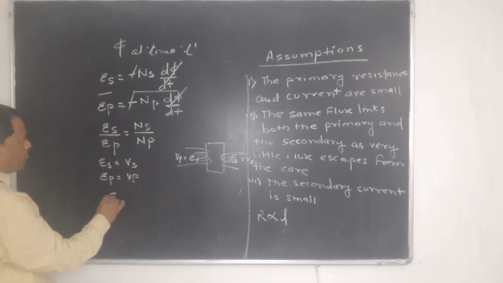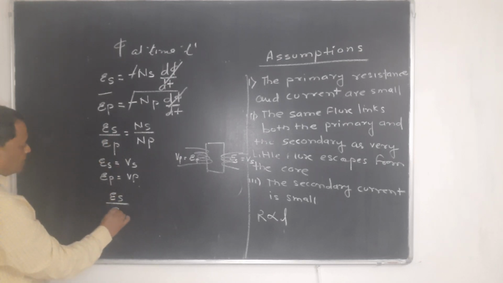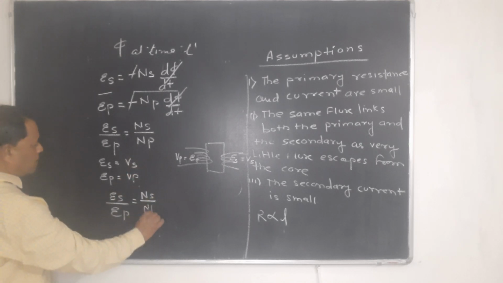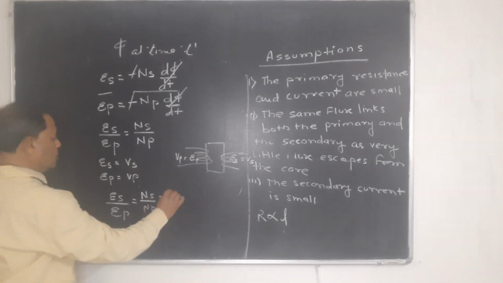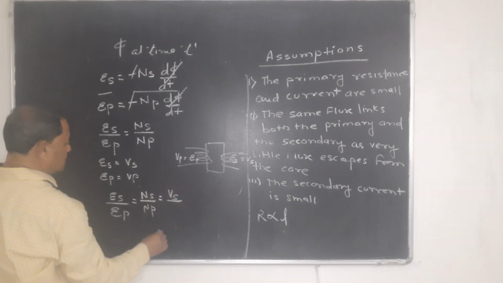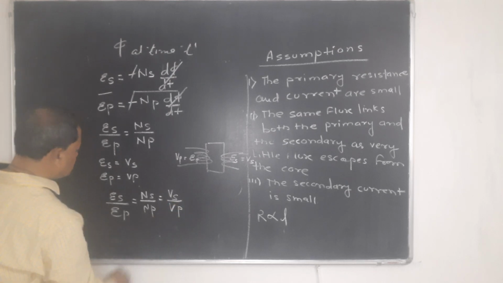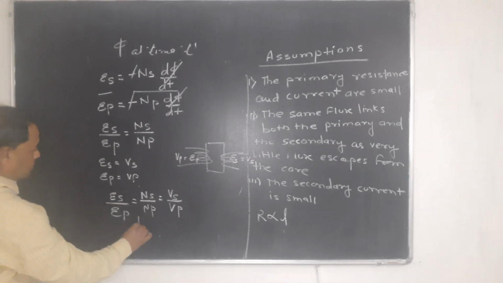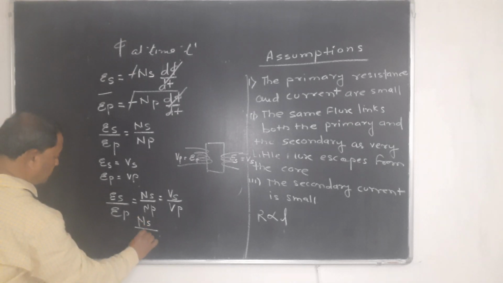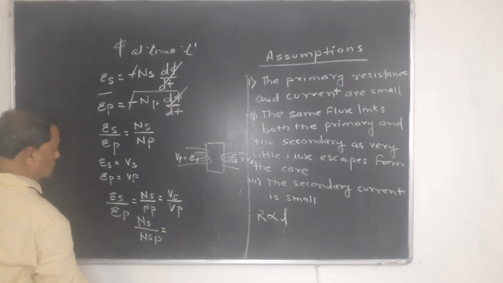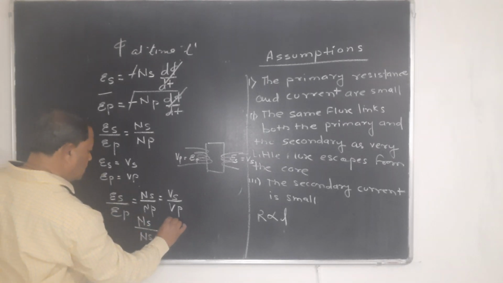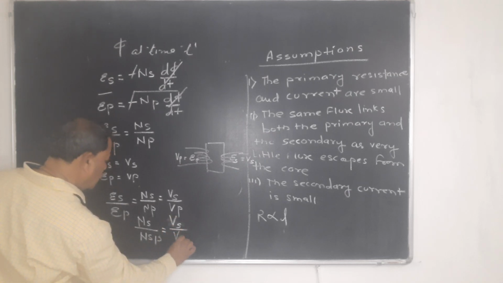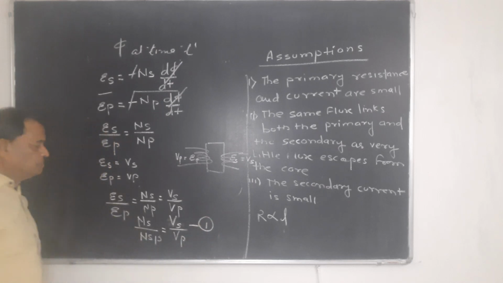Replacing here, Es upon Ep, Ns upon Np is equal to Vs upon Vp. So we get one equation here: Ns upon Np is equal to Vs upon Vp. This is equation number 1.